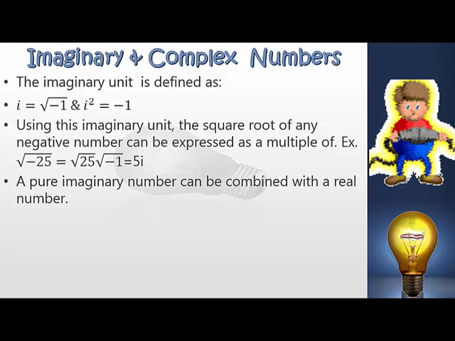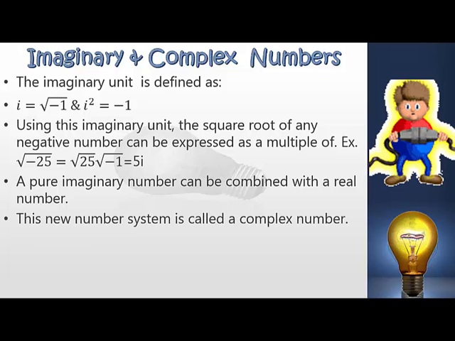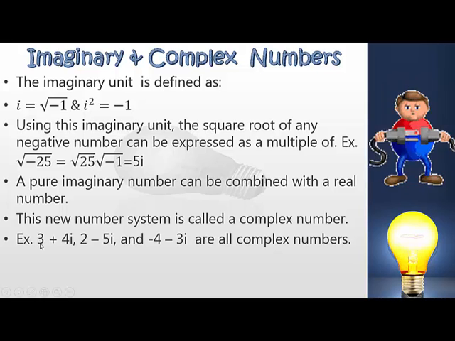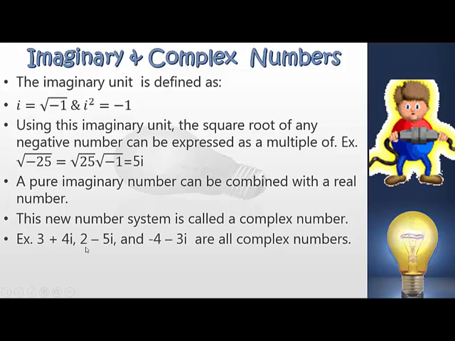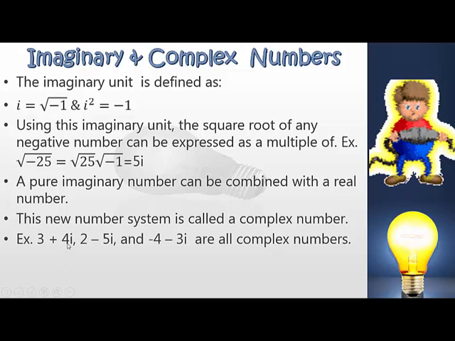So a purely imaginary number can also be combined with a real number to form what is called a complex number. And this is what happens. So for example, if you see something that looks like 3 plus 4i, or 2 minus 5i, or negative 4 minus 3i, this is the real part where the 3 is, and this is called the imaginary part where the 4i is.